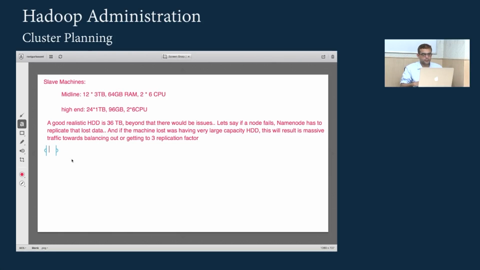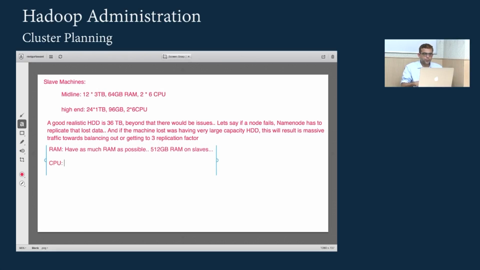Second thing is RAM. Have as much RAM as possible. A few of our customers have 512 GB RAM on slaves. New frameworks like Spark or Impala are very memory intensive, so basically the more the RAM, the better it is.